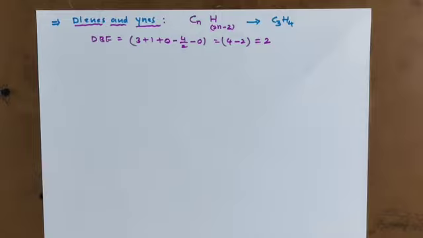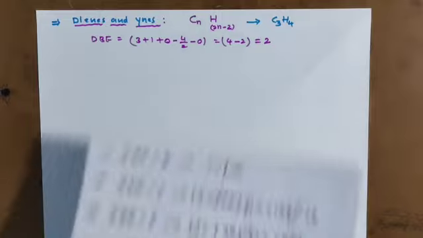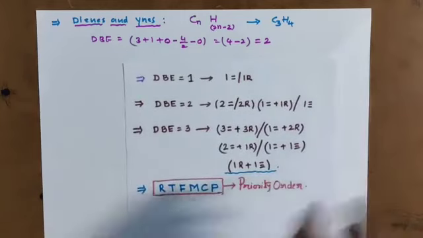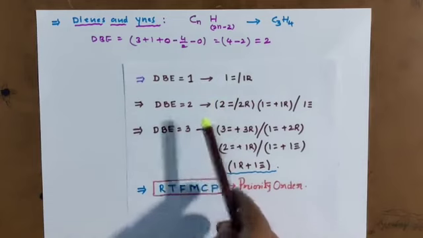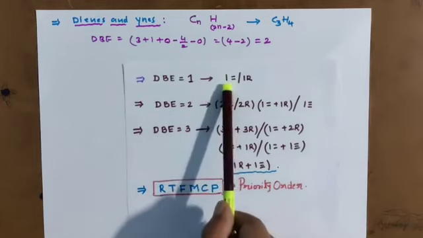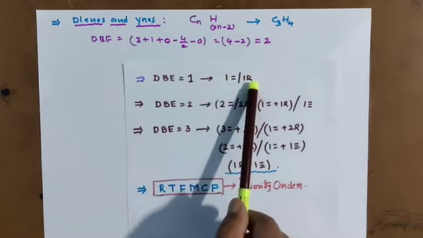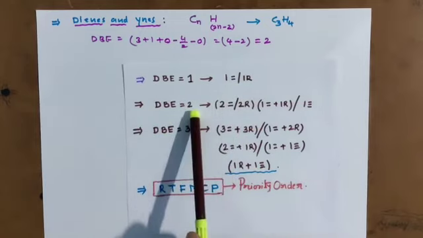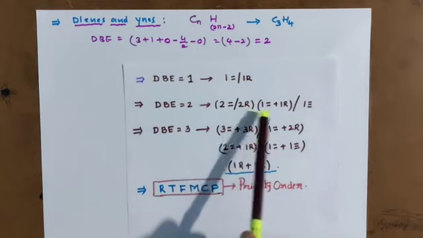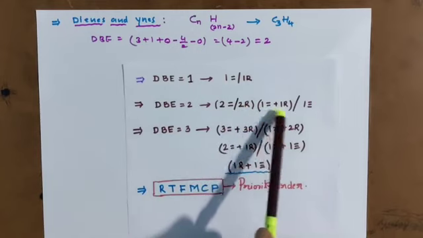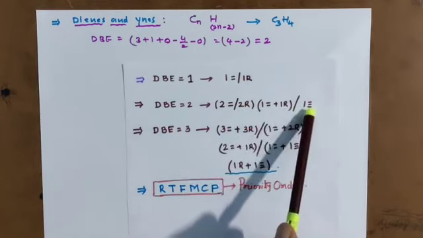I am explaining one more time; in the last video I explained already. Remember this chart. DBE 1 means you have the chance of one double bond in the chain or one ring. DBE 2 means two double bonds, or two rings, or one double bond and one ring, or one triple bond.